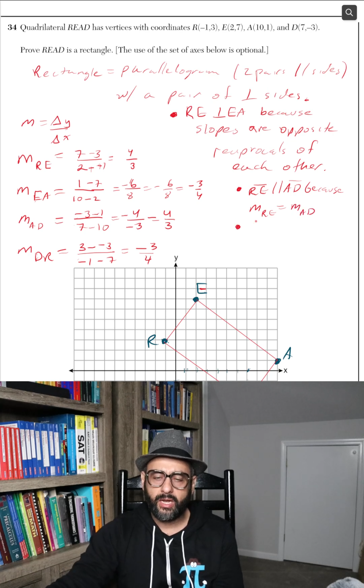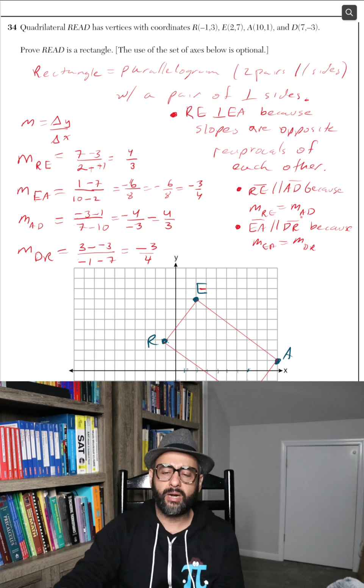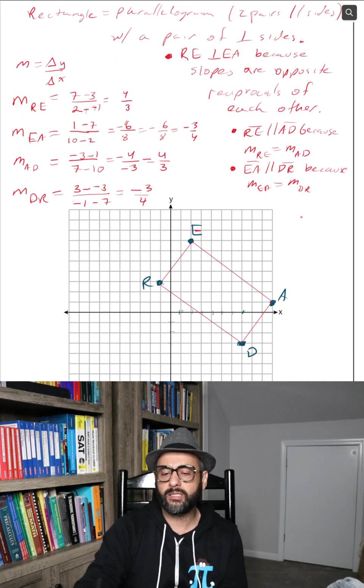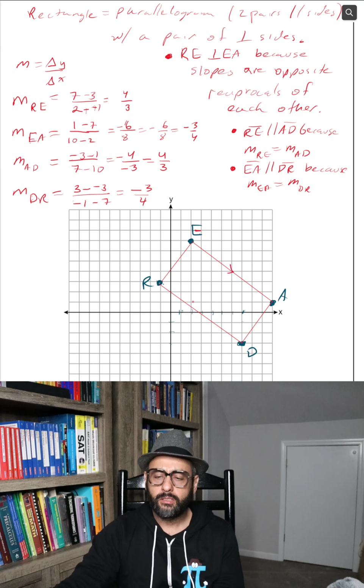And we also have that EA is parallel to DR because the slope of EA is equal to the slope of DR. So we have two pairs of parallel sides.